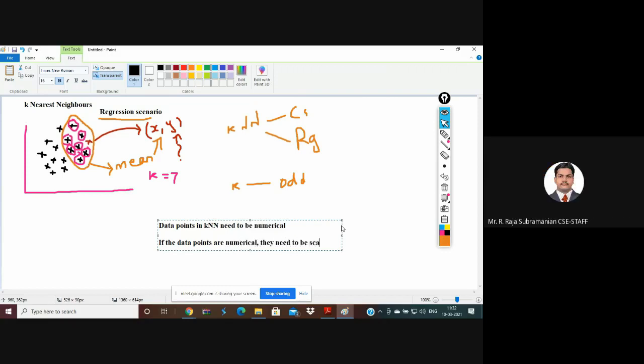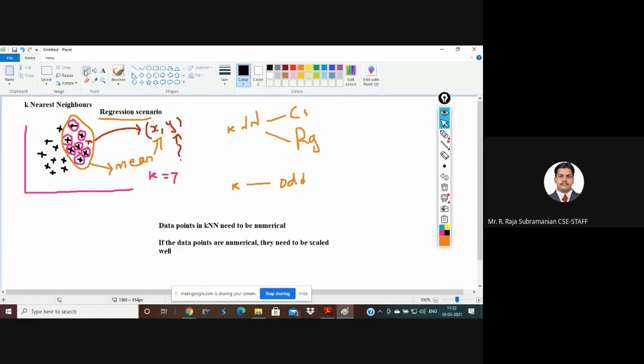Scaling is nothing but, for example, I have a data point X1 and another data point X2, or I'll take Y. For X, say the values are 2, 3, 5, like this. And for Y, if the values are 10-digit or 5-digit values, then a small value and a very big value are going to be considered together.